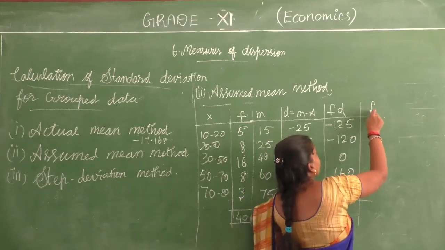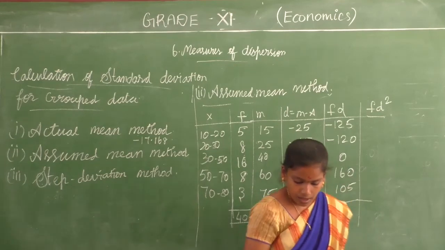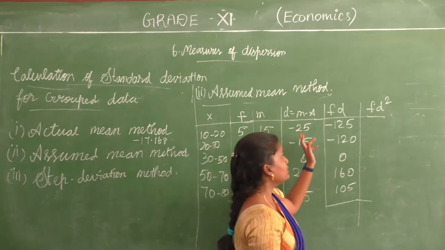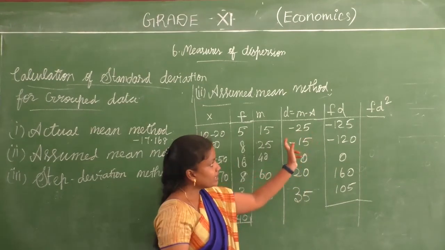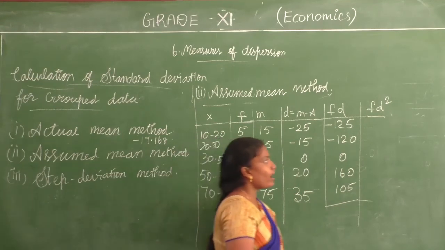Next, you go for fd square. How do you find this fd square? Very simple. You multiply fd into d. When you multiply these two columns, you get your fd square values.